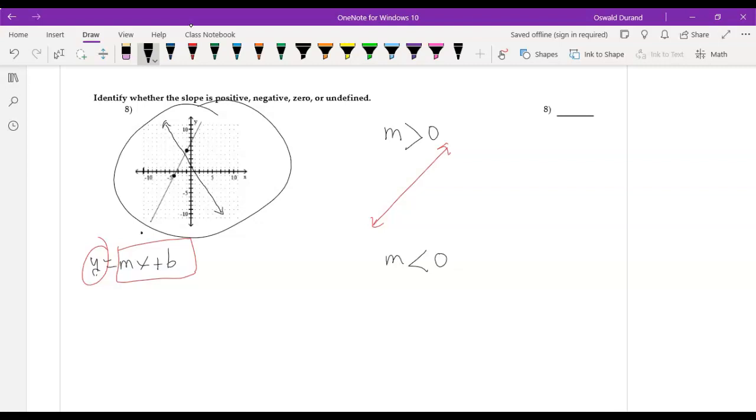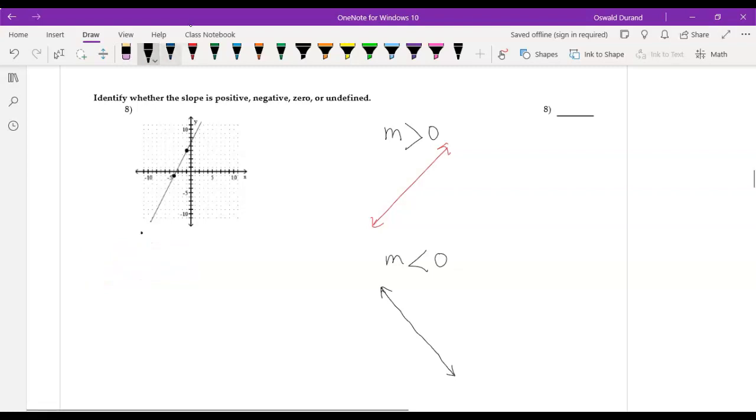Don't forget, y is represented with the line, so it's positive, and then it goes to negative as x goes from negative infinity to infinity. So it will look like this.